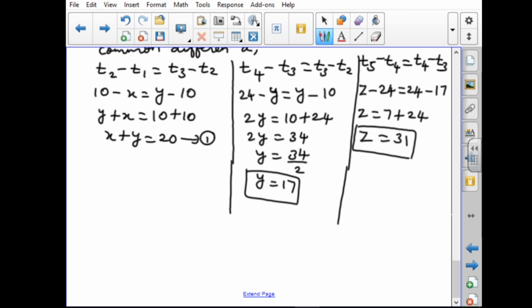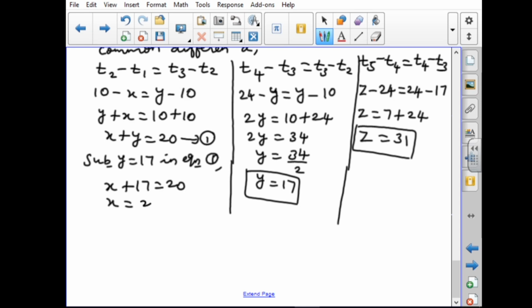Now we have to get the other value. The remaining value is x. From equation 1, x plus y equal to 20. Here we substitute the value of y to get x. Substitute y equal to 17 in equation 1: x plus 17 equal to 20.